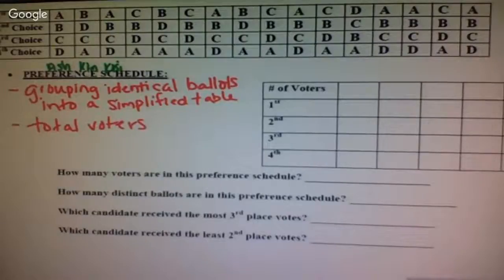Total voters is equal to the number of ballots. And each column is going to be what we call a distinct ballot.